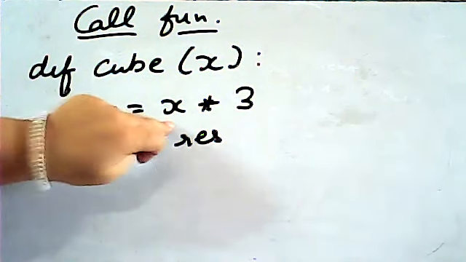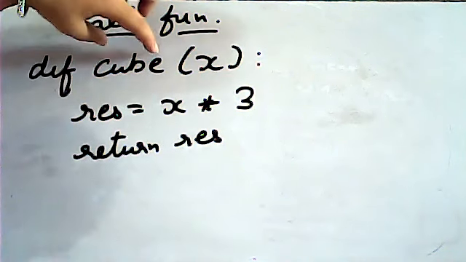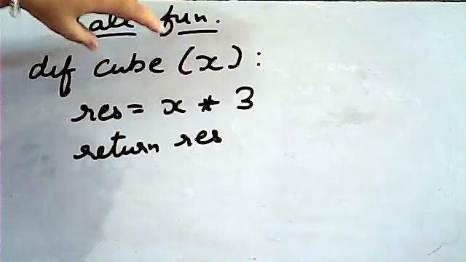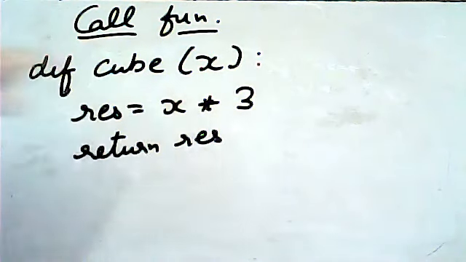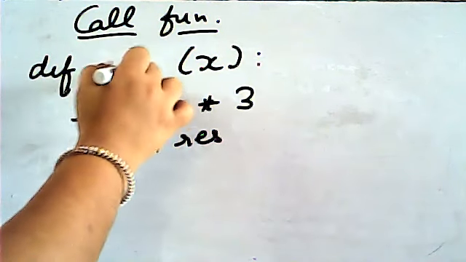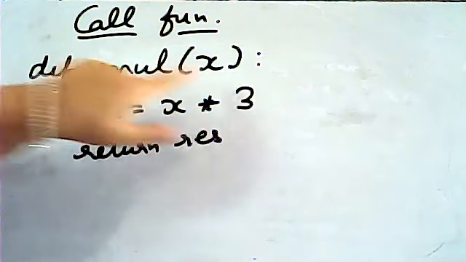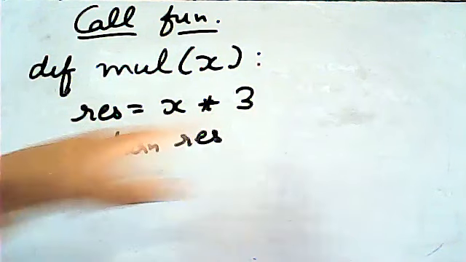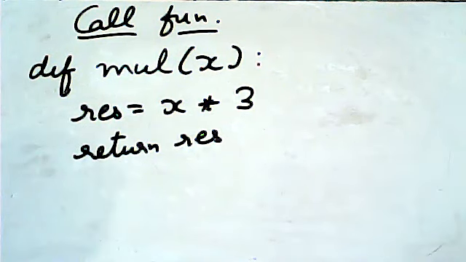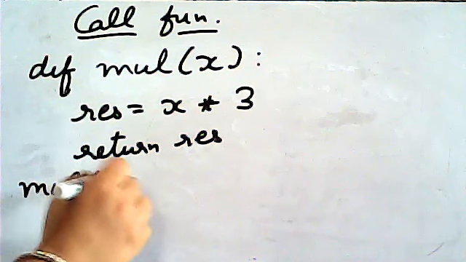It doesn't mean I am not finding a cube and I cannot write this cube. So this is a function name only. It doesn't mean whatever you have to do here, you just write here. Okay, so don't think like this. But yes, you write the thing which is probable. So I just write mul. Okay. Def mul x, res is equal to x into 3, return res. So I make one function of mul. And in the main function, what I do is put a mul of 3.